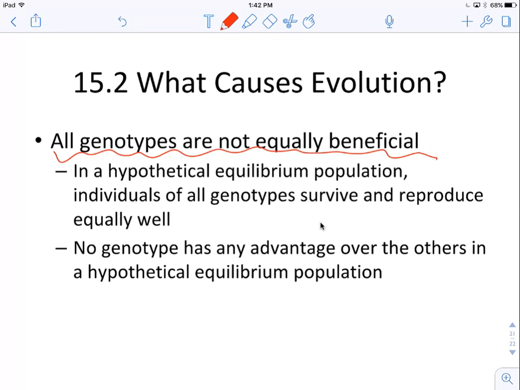So in a hypothetical equilibrium population, remember, we're still circling back to our Hardy-Weinberg, if you have a hypothetical population, all genotypes will survive and reproduce well, and no genotype will have an advantage. And there are instances in nature where certain genotypes do have advantage.